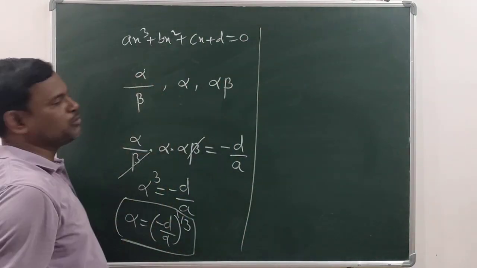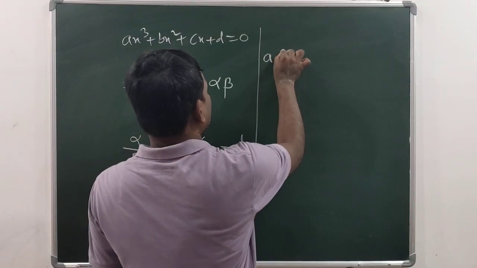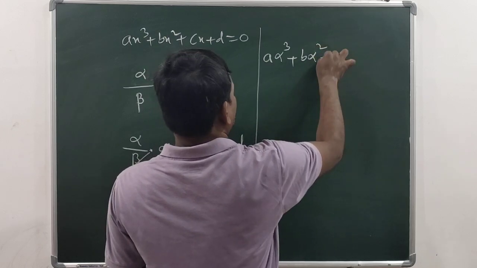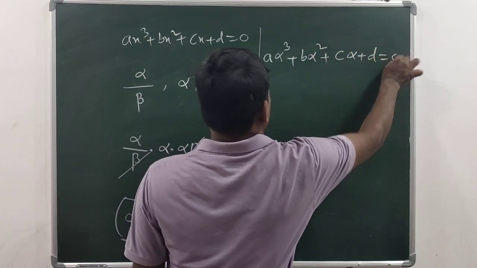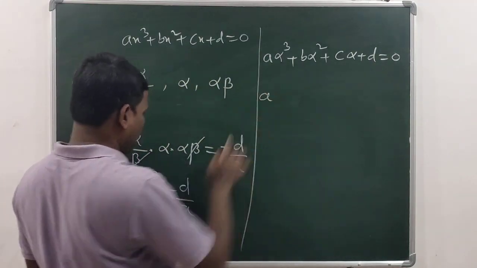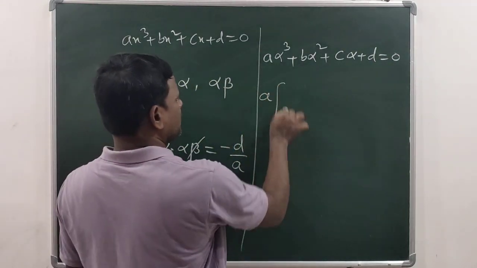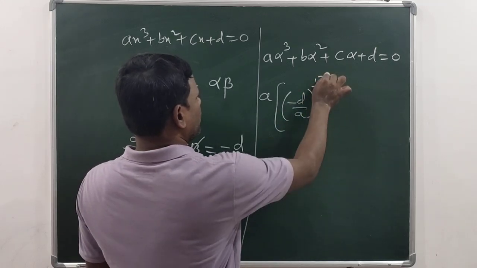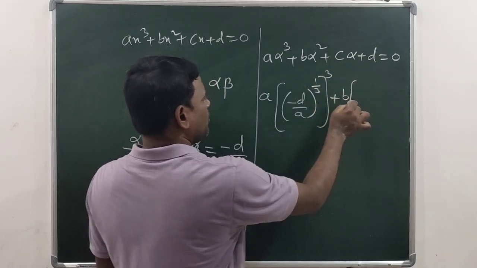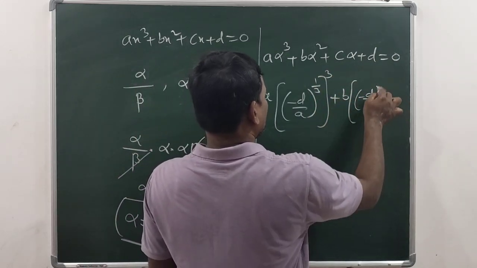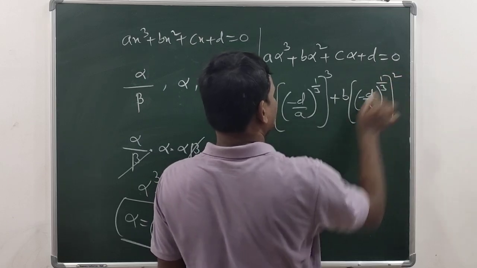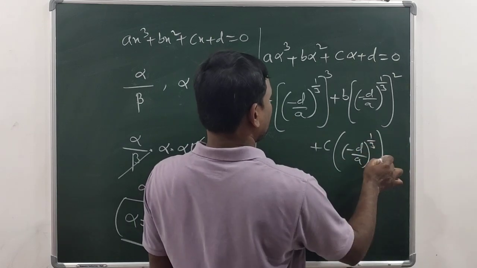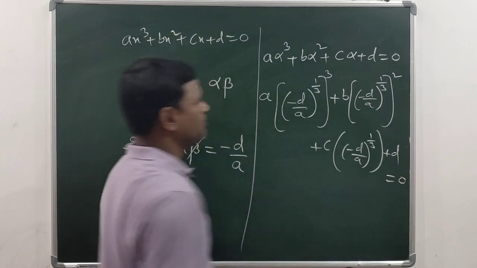Hence replace x by alpha, so that you will get a alpha cube plus b alpha square plus c alpha plus d, which is equivalent to 0. Now a into alpha value, students, minus d by a whole power 1 by 3 whole cube, plus b into minus d by a whole power 1 by 3 whole square, plus c into minus d by a whole power 1 by 3 plus d, which is equivalent to 0.